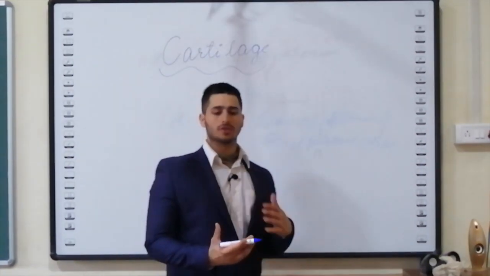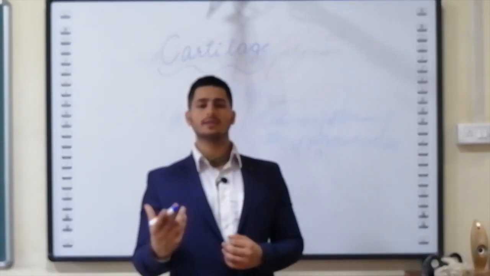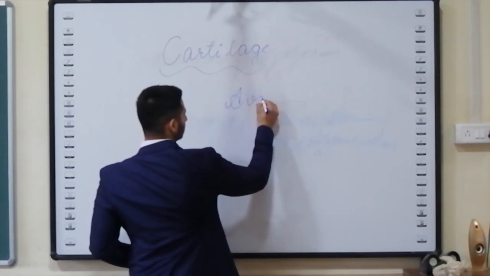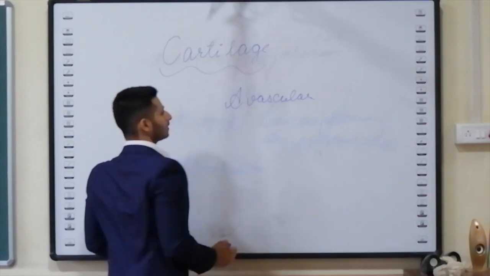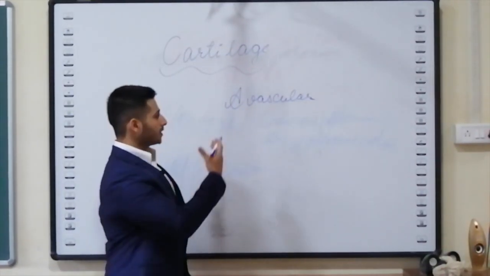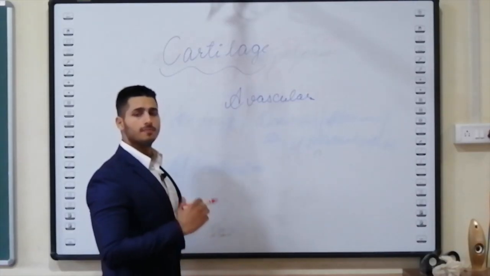Cartilage is actually an avascular form of connective tissue. When we say the term avascular, what it means is that it is deprived of any kinds of blood vessels.